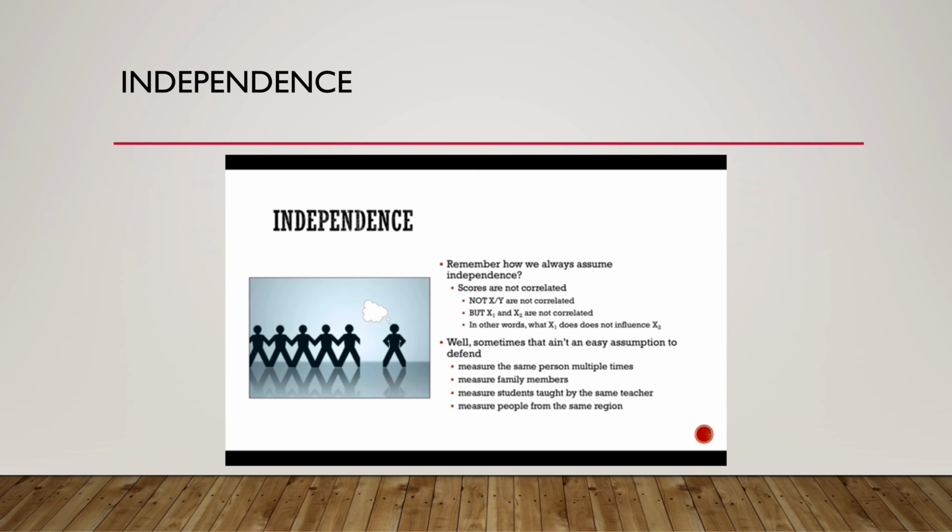Independence, we talk about that a lot. Remember, we must assume independence. In other words, our scores are not correlated. Now, if we're dealing with a regression model where we're predicting Y's from a set of predictors, let's just call them X1, X2, up to XK, it's not the correlation between each X and Y that we're concerned with.